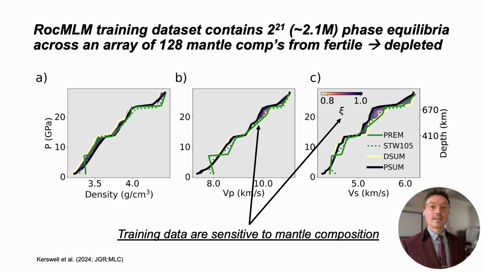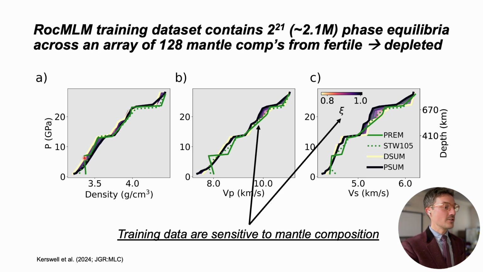Our final training dataset contains over 2 million thermodynamic calculations across an array of 128 different bulk mantle compositions, ranging from very fertile to very depleted. These depth profiles show how our training dataset compares to 2 geophysical models that are derived from seismological observations.